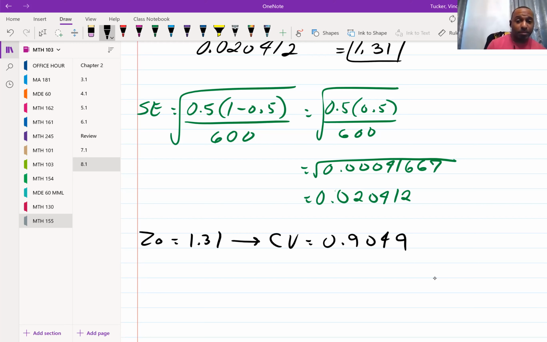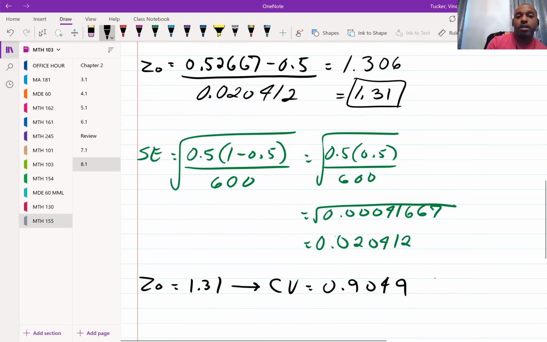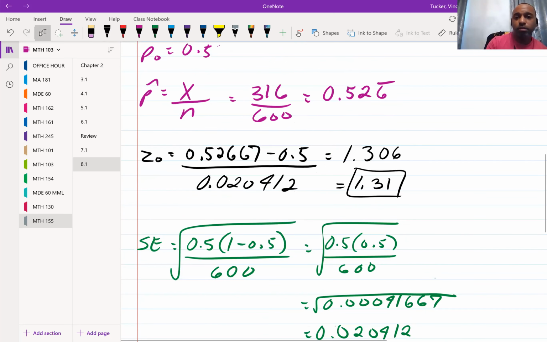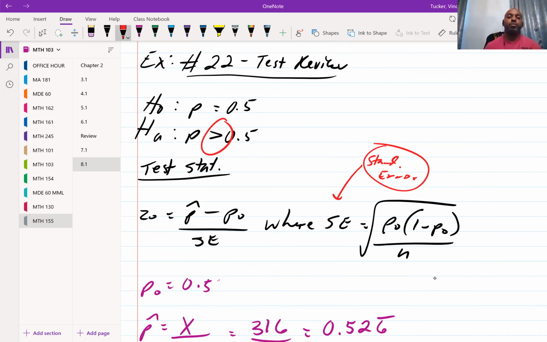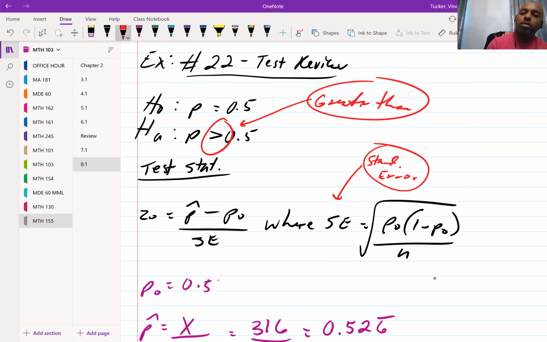Notice I didn't say that was my p-value. That's our chart value. So now what's going to dictate whether that is our p-value or not is right here, the greater than symbol. And also, for those who are just seeing this for the first time, this means it's right-tailed.